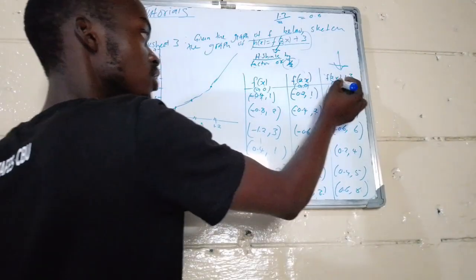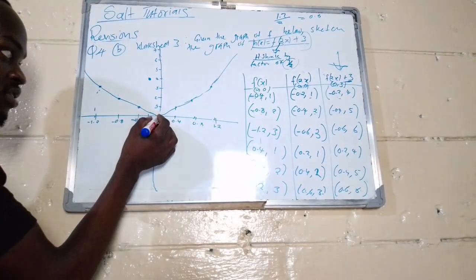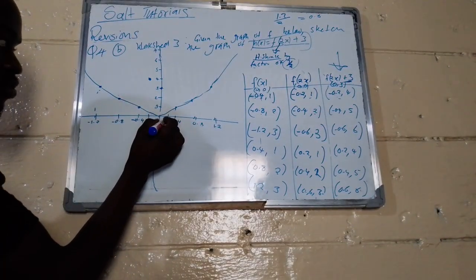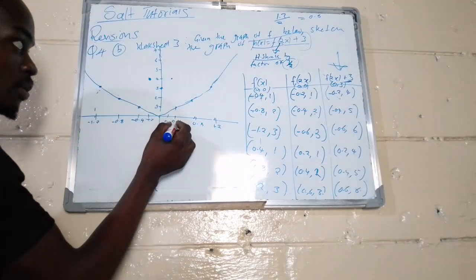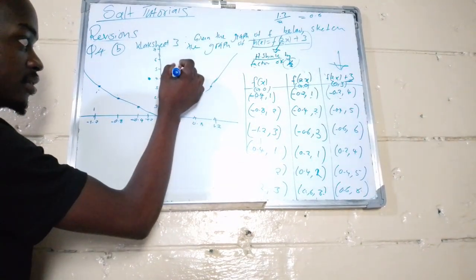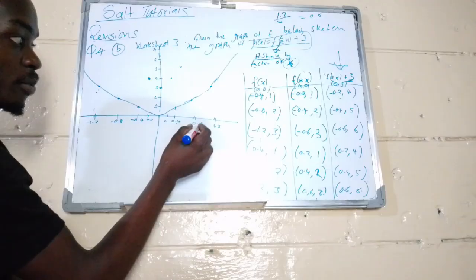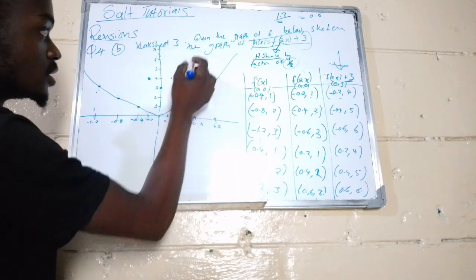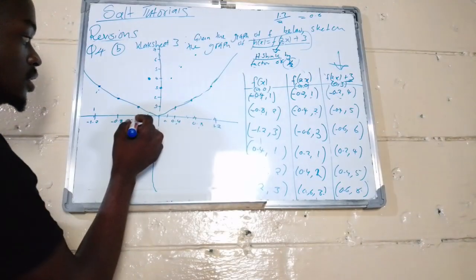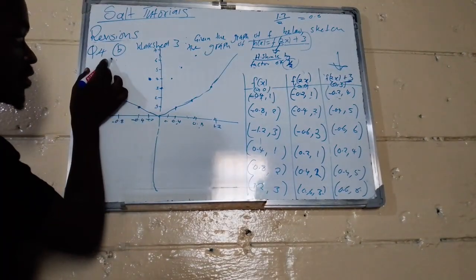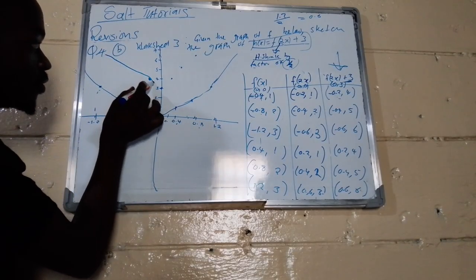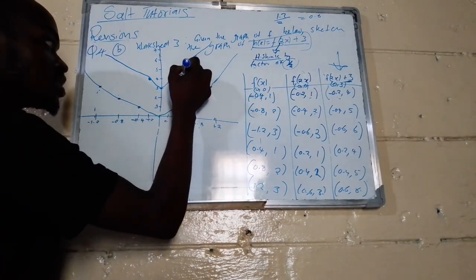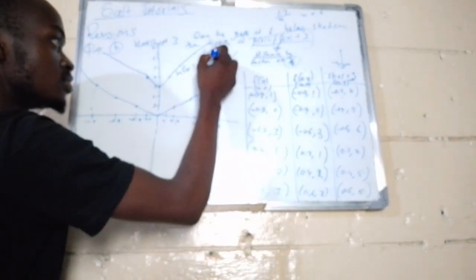So the turning point is 0, 3. Then 0.2, 4; 0.4, 5; 0.6, 6. So this function is going to move something like that. The final function will be h of x equals f of 2x plus 3.